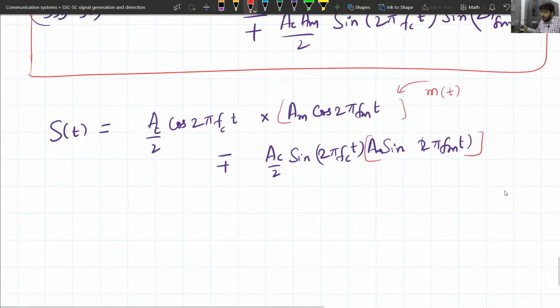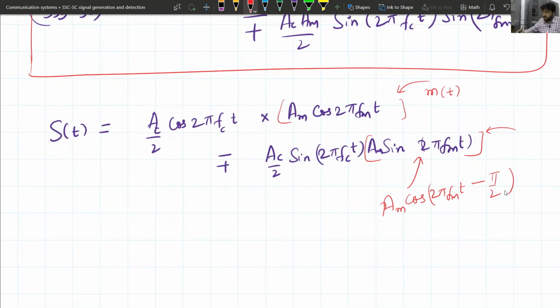This is the message signal, and this other signal is the phase shifted version of m(t), phase shifted by π by 2.